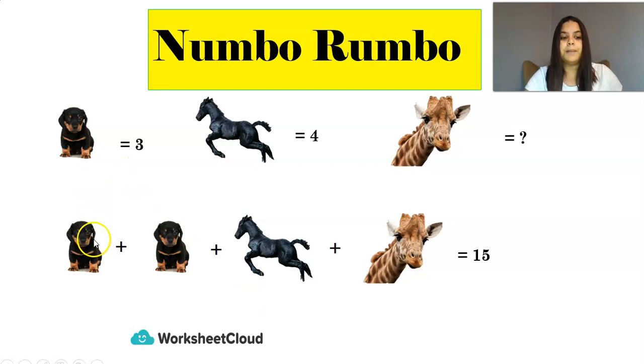So a puppy plus the horse plus the giraffe is equal to 15. So I'm going to give you a few seconds to try and see if you can figure out what the giraffe could be equal to. Go for it.